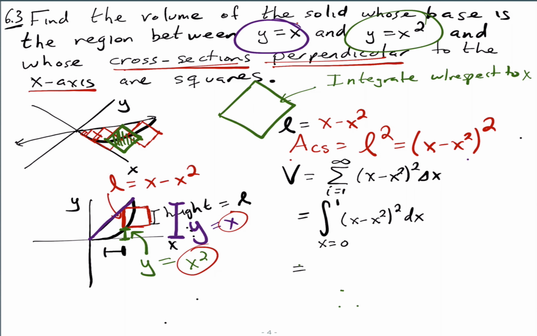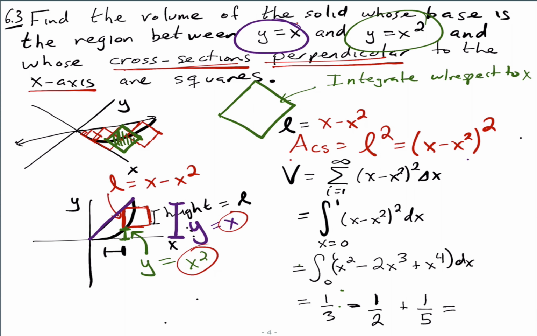Okay, so then what do I get here? This is the integral from 0 to 1 of x squared minus 2x cubed, and then plus x to the 4th dx, which is 1/3 minus, what is that going to be? 2 over 4, 1/2, and then plus 1/5, right? So, what is that?